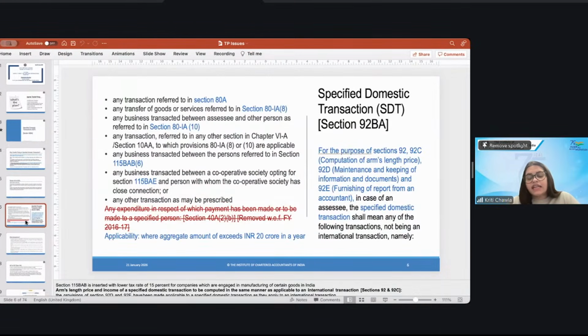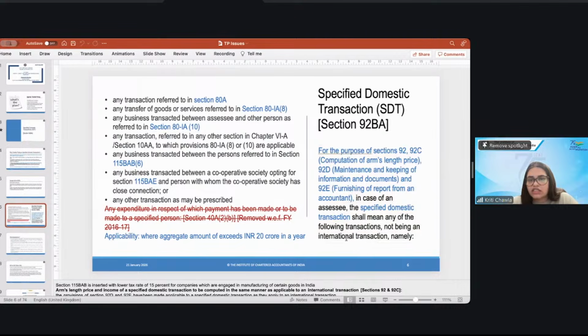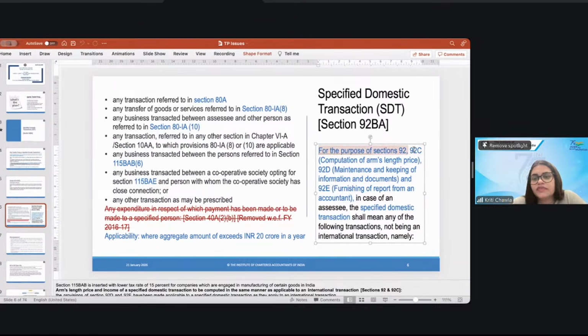Now, this is the slide that actually talks about the essence of specified domestic transactions. This particular slide starts, if you look at the right-hand side, like this. It says, for the purposes of section 92, 92C, 92D, and 92E, in case of an assessee, the specified domestic transaction shall mean any of the following transactions, not being an international transaction.